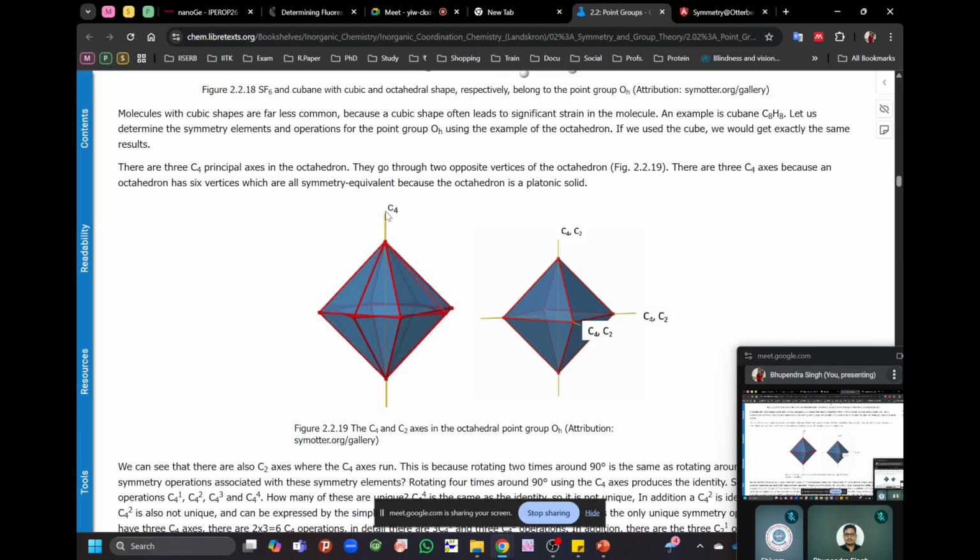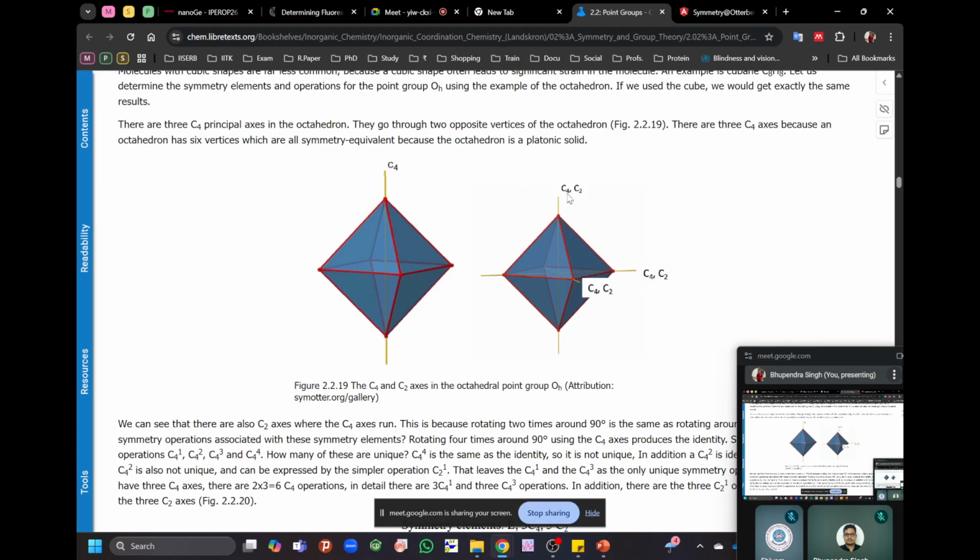By rotating by 90 degree, see, C4 is present. So here C2 is also present because C2 is the subgroup of C4. Here you are rotating this octahedral by 90 degree, and this time you can rotate it by 180 degree.